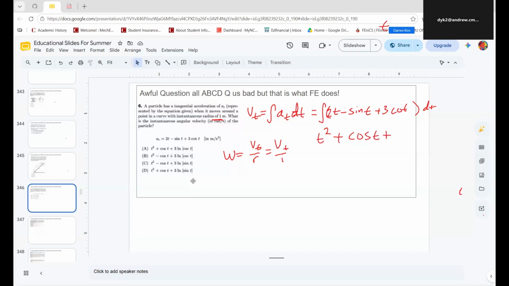So the tan, no, no, no. The cot is equal to cosine over sine. So that is ln 3. Negative sign over here. That's how it works. And then it is the derivative. Wait, sine's on the bottom. So actually I'm wrong. So it's plus ln 3 sine t.